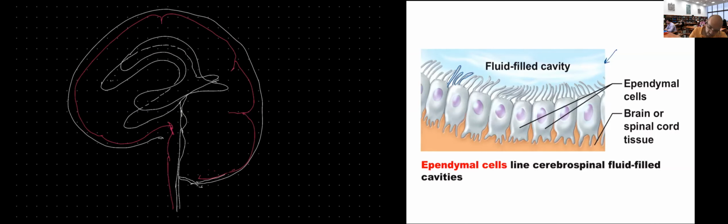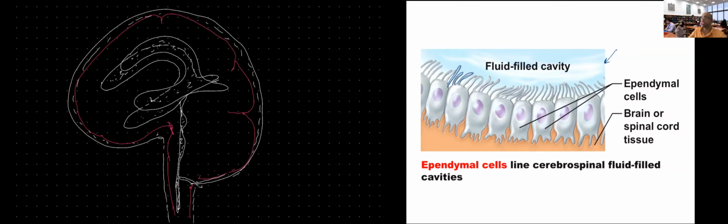So inside those ventricles, and a canal that will travel inside your spinal cord and around your brain and spinal cord, you keep a fluid, and we call this fluid my cerebral spinal fluid, or CSF.